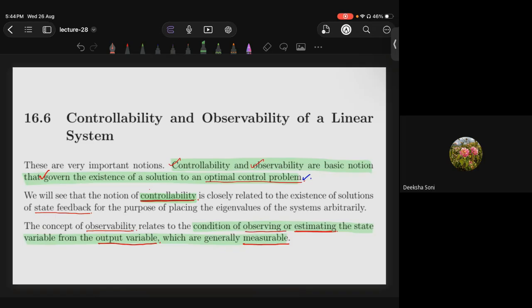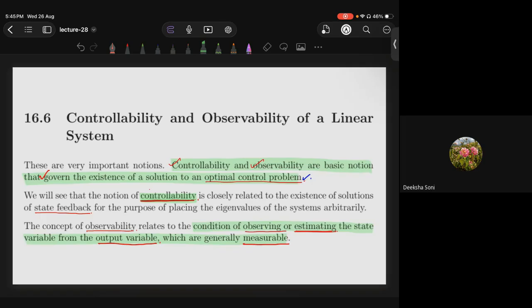If it is unstable, can we make it stable? A system is unstable when some poles exist in the right hand side. How can you make the system stable? By pushing the poles to the left hand side. Am I correct? Yes, sir.